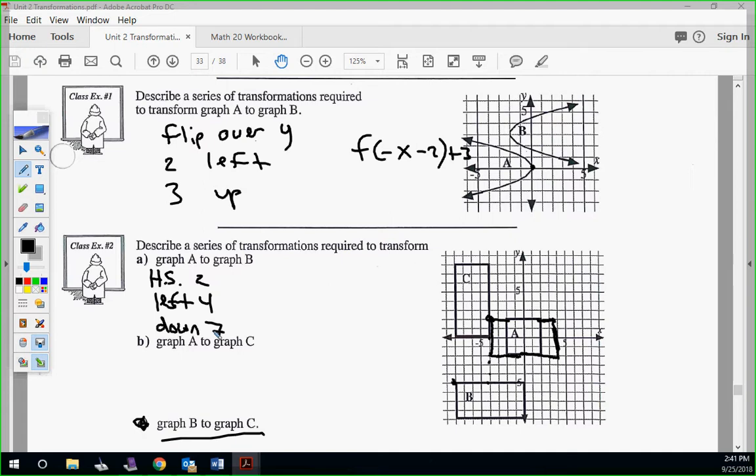You can do both. This one says describe. You see describe, it's just using words. So now try C. Instead of doing horizontal, you probably want to do vertical, so it gets more like C, and then move it from there. Go ahead and see if you can do that one now. A to C, what do we got? We got a vertical stretch of 2.